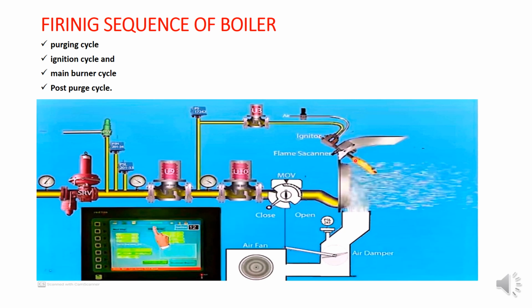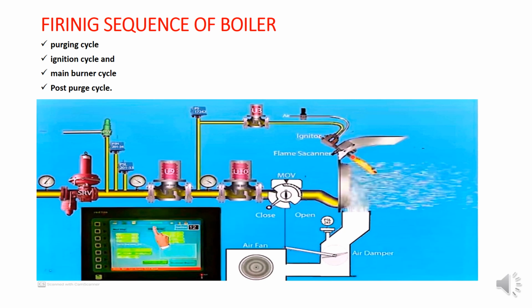Because of that high voltage across the air gap between the 2 points, the spark will generate. The transformer primary voltage is 220 volt, the output voltage is 11 kV, and this 11 kV is transferred through the electrode, and the ignition will take place inside the pilot burner.